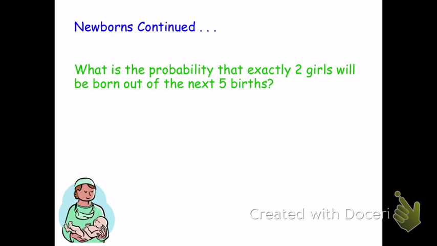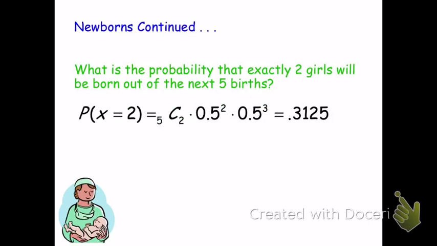Okay, this question says, what is the probability that exactly 2 girls will be born out of the next 5 births? So it's the probability that x equals 2. This is the formula, but like I said, you don't have to have that memorized. It is just there to be able to recognize in a multiple choice. I'm going to show you in the calculator how to do that.